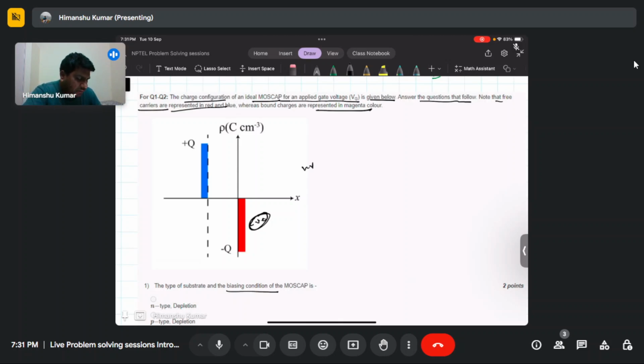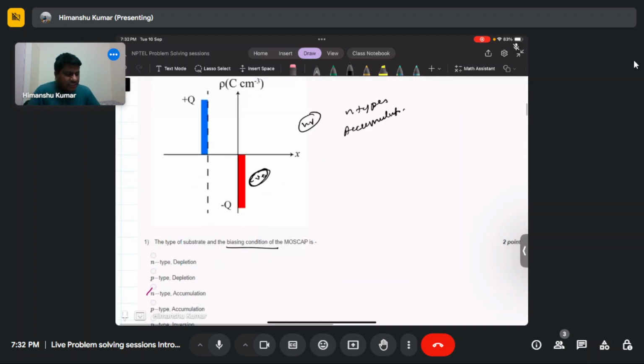And this region is accumulation, because the charge is appearing just at the boundary of the oxide layer. The accumulation is because the charge density away from the junction is zero. So whatever surface charge is coming at the interface is coming because of the accumulation of the majority charge carrier at the interface.